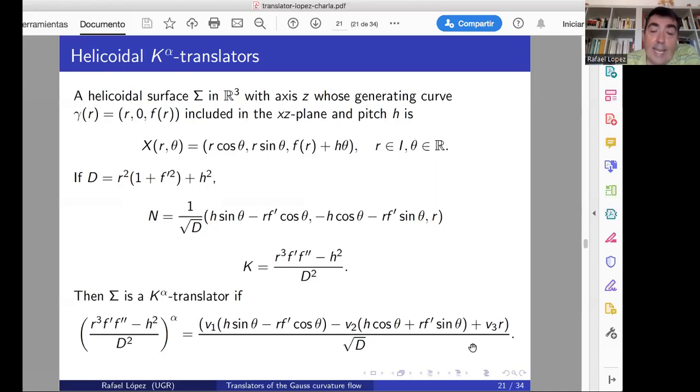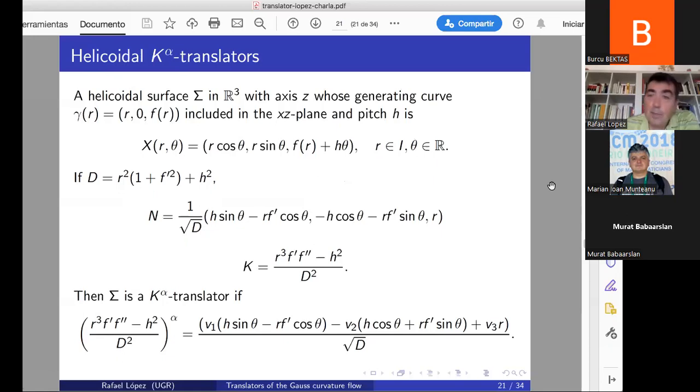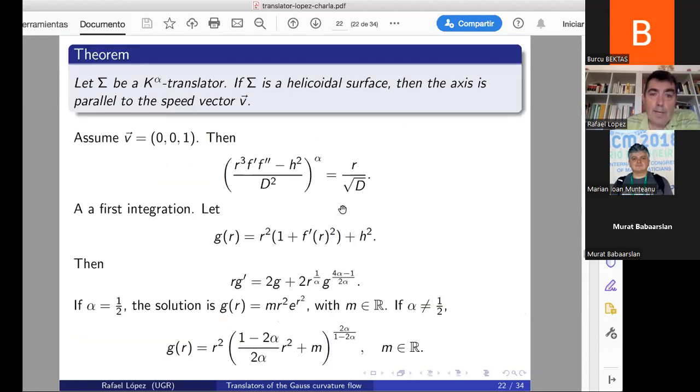And again, the first question is about the relation between the speed and the rotation axis of the surface. It's the same as in the rotation case: the axis must be parallel to the speed, and then in this equation, V1 and V2 are 0. Okay, and then this is the equation, and it's also possible to get a first integration of the equation.